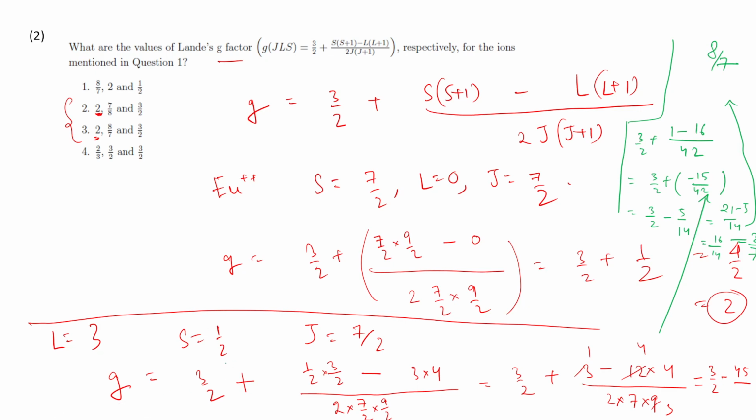So here G, if you evaluate this quantity, it gives me 8 by 7. Okay, so 8 by 7 is this one. So you already know that this is your solution.